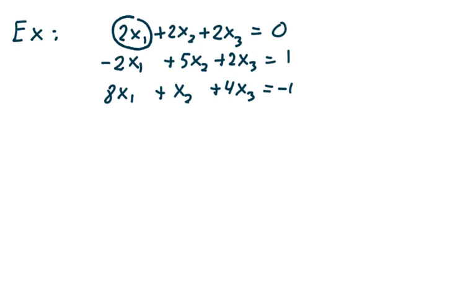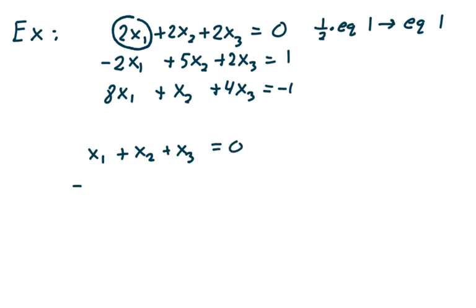Okay, let's start there. So I'm going to take 1/2 times equation 1 and put the result back into equation 1. So let's just do that one first. And so when I rewrite my system, I get x1 plus x2 plus x3 equals 0.